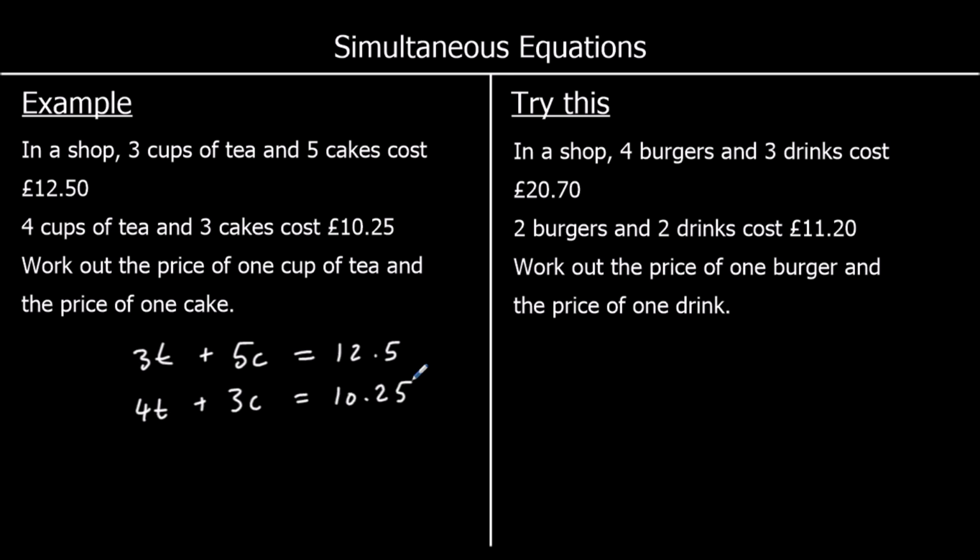So we can either make the teas the same or the cakes the same. It doesn't matter which one we pick. I don't think one's easier than the other, really. I'll make the teas the same. So if I multiply the top equation by 4 and the bottom one by 3, I'll have 12 t's in both.